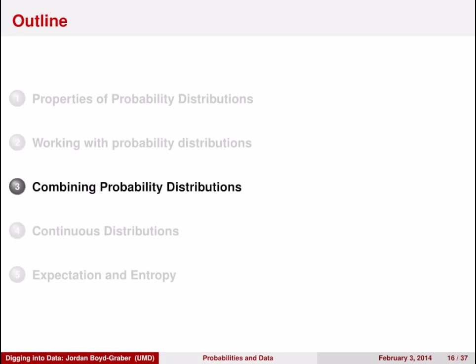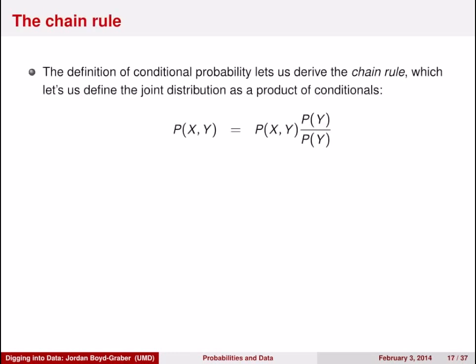Often what you need to do is to turn one kind of probability distribution into another. Now we're going to go through some examples of that. First, let's say that you have a conditional distribution and you want to get out of that a joint distribution. To derive a formula for how you can get a joint distribution, such as the probability of x and y, from a conditional distribution, first take a look at the probability of x and y.